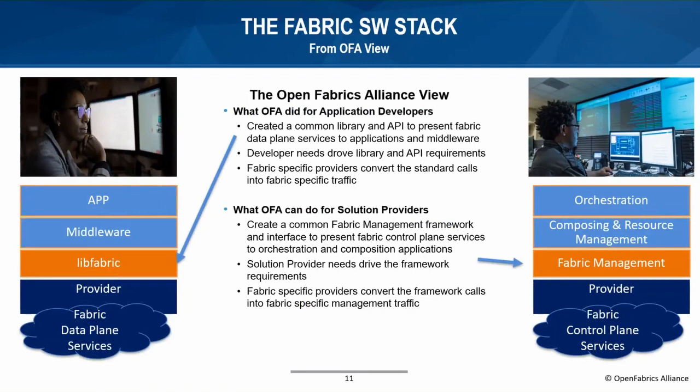Libfabric was defined based on the needs of the developers for those fabric data plane services. Now, fabric-specific providers convert the standard interface calls into fabric-specific traffic. So the application writer doesn't deal with anything in the deep blue shadows.